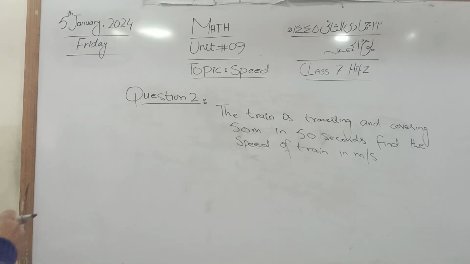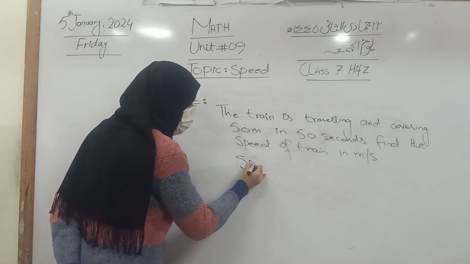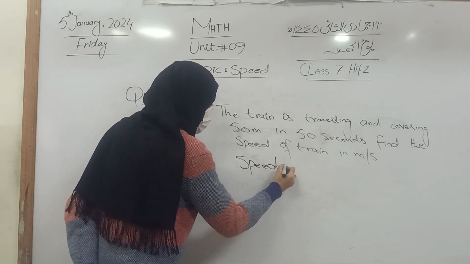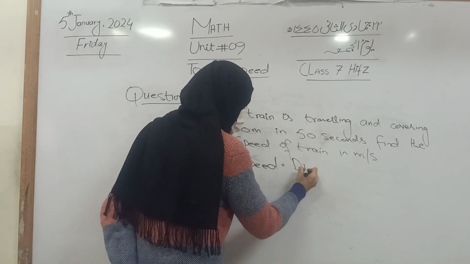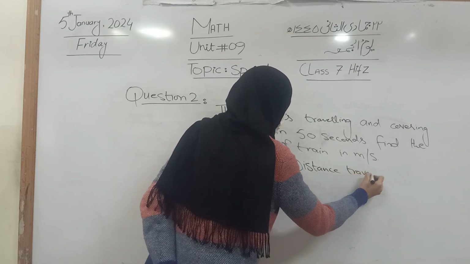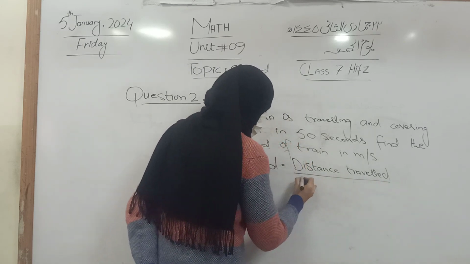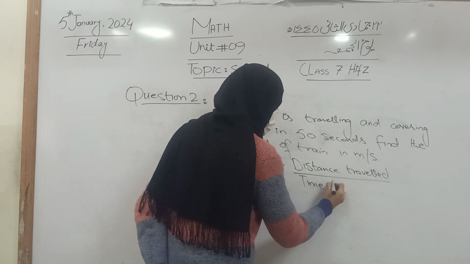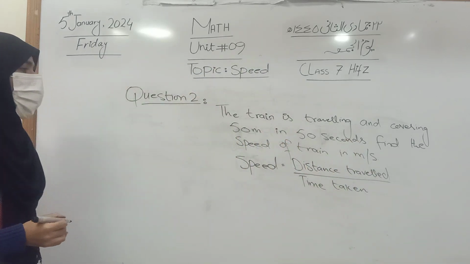Okay class, now we will calculate the speed of this train. Speed will be equal to distance traveled divided by time taken. All of you know the formula. Is it clear to all of you?